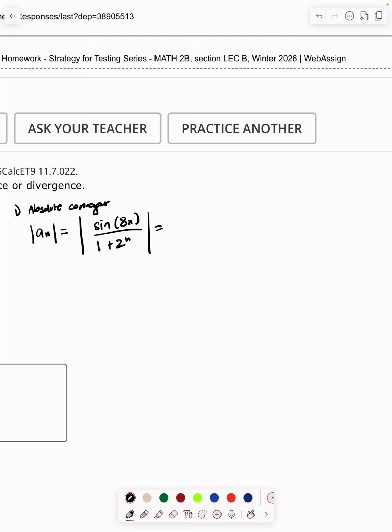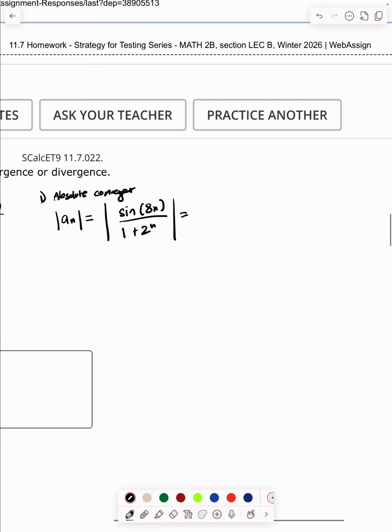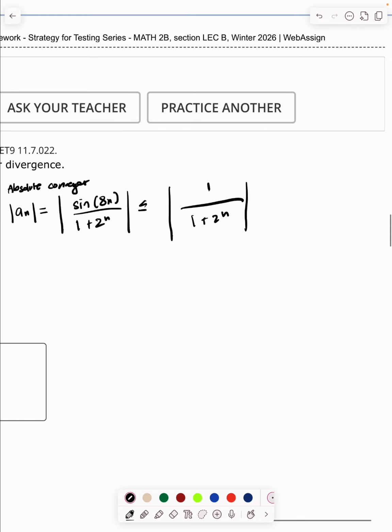Well, if I take the absolute value, it's basically like saying my sine negative stuff, instead of it looking like this, I just want to take the positive. So it will look something like this. But I also know this: if sine goes from -1 to 1, this will for sure be bounded by 1 over 1 plus 2 to the n, because 1 is the largest sine will ever be.